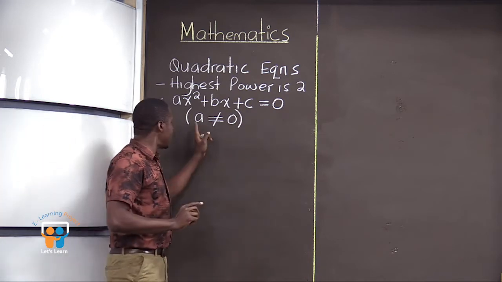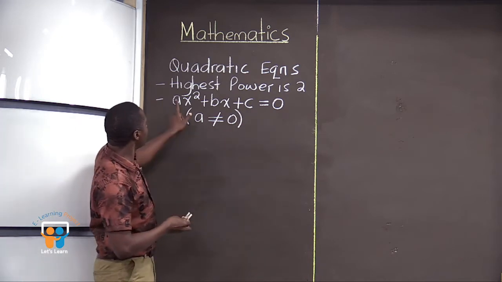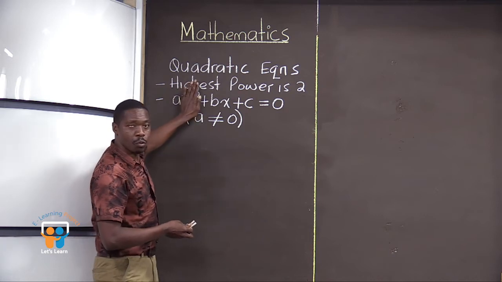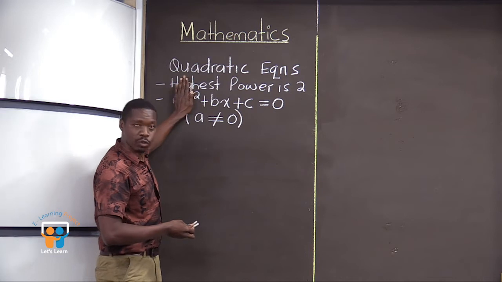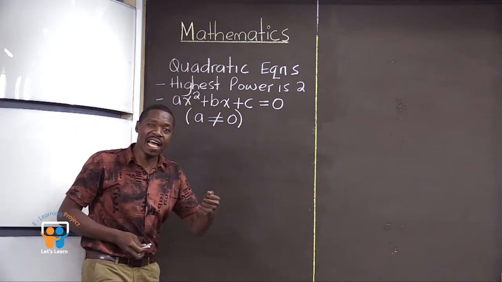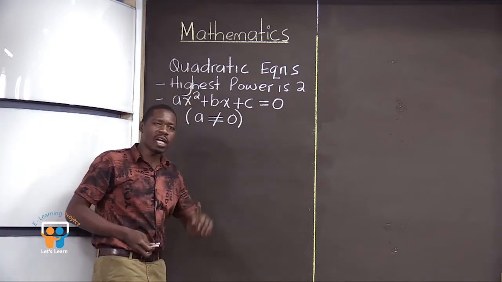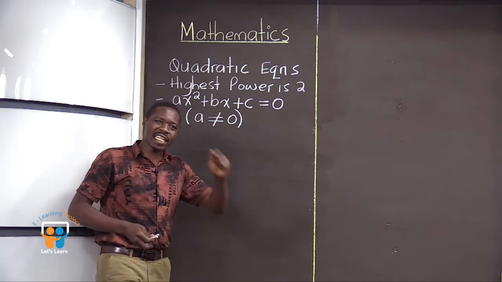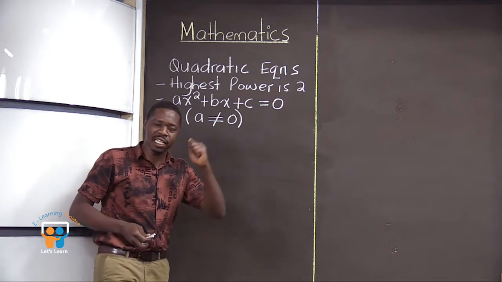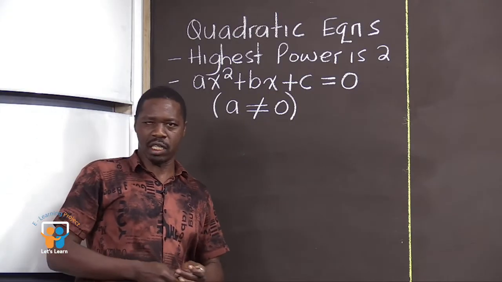Because the moment a is 0, you'll have 0 times x squared, which will kill that. We end up remaining with bx plus c equaling 0, which now becomes a linear equation. But we are not looking at linear equations today. We are looking at quadratic equations. We are still defining quadratic equations before we come to quadratic graphs.